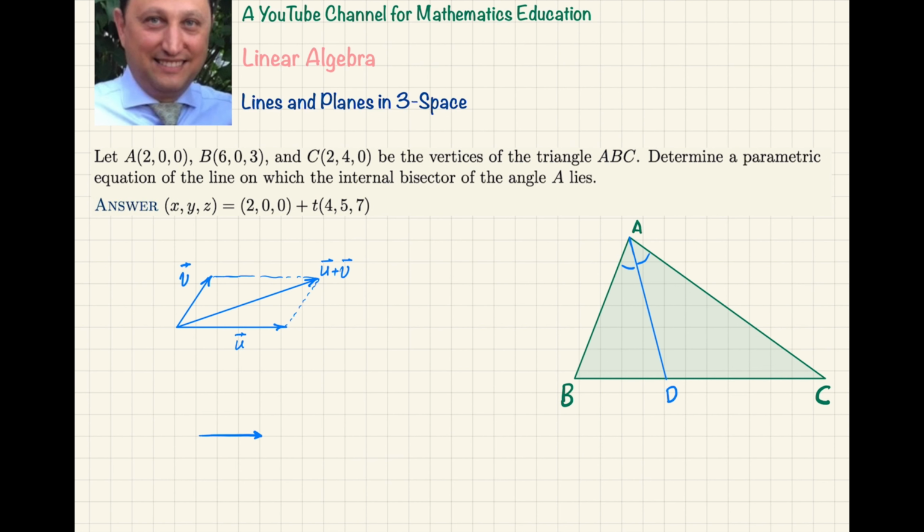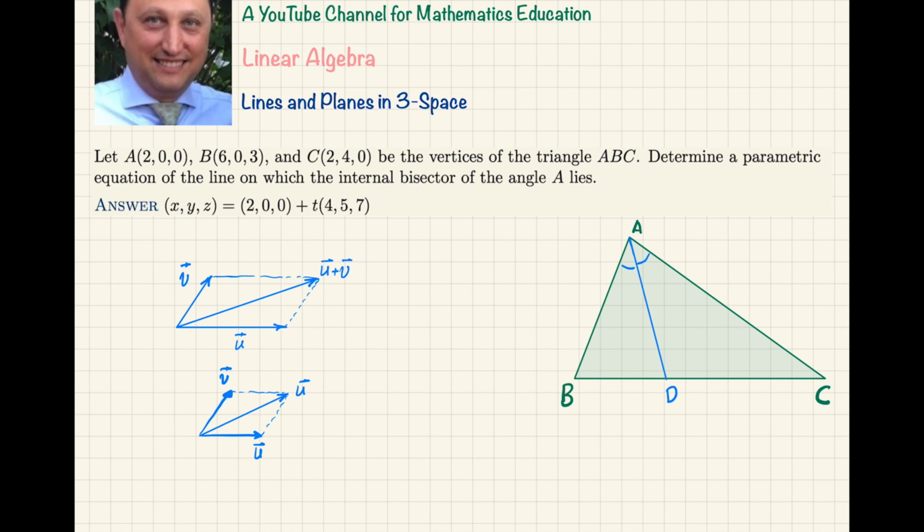Let me consider this to be vector u, and then let us try to draw something of the same length here. So hopefully this is good. Let me consider this one to be vector v. Here I am assuming that these two vectors are of the same length. And if I complete the parallelogram, in this case it is more specific, and it becomes a rhombus.